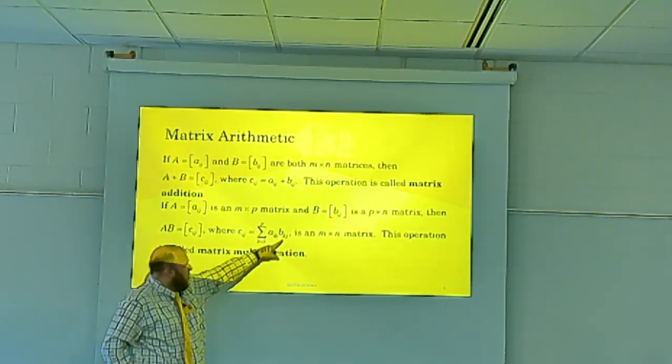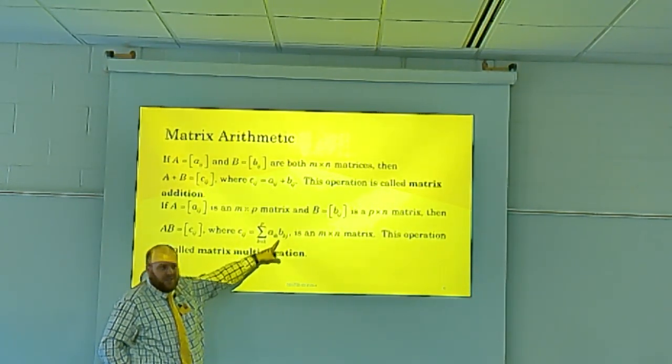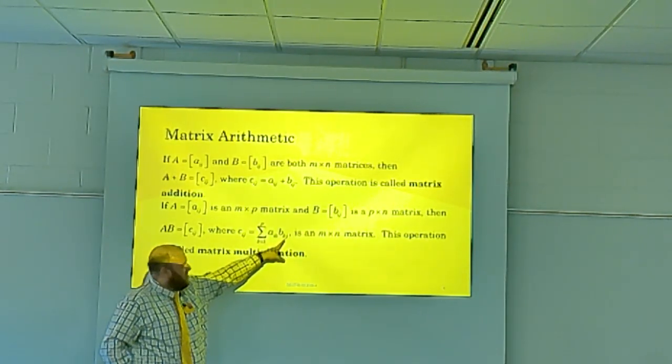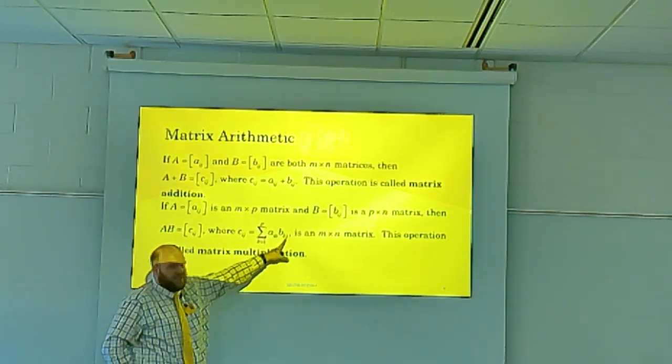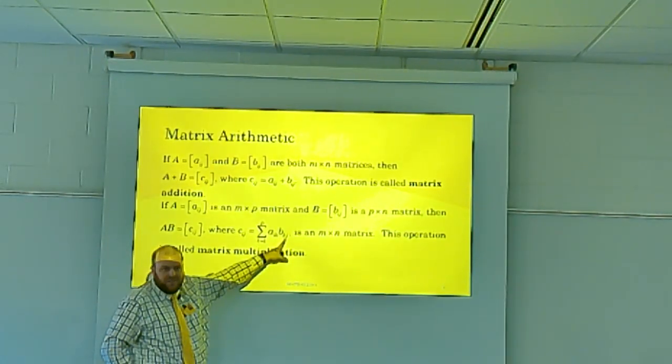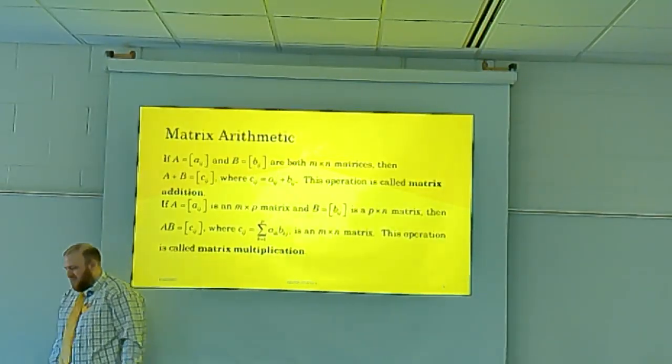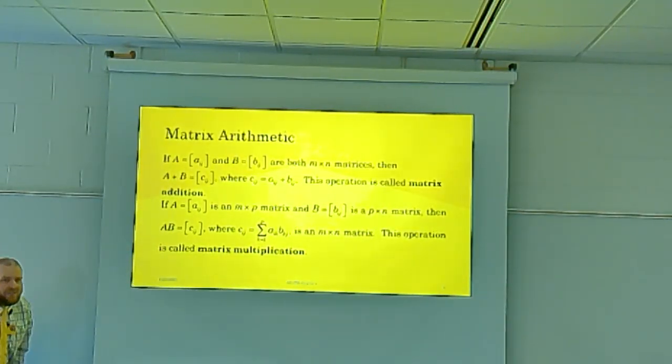Right? So it'd be A11 times B11 plus A12 times B21 plus A13 times B31. That would be your 1, 1 entry. And you have to do that for every single entry, and there are 8 of them.